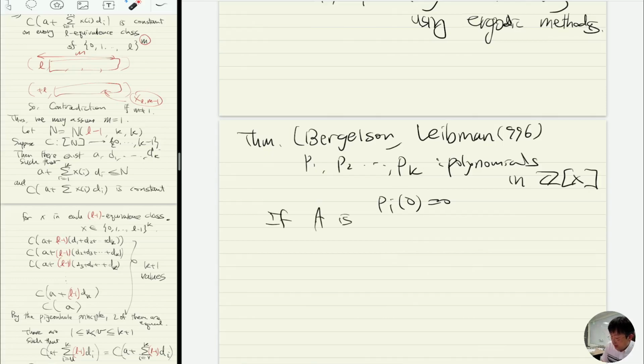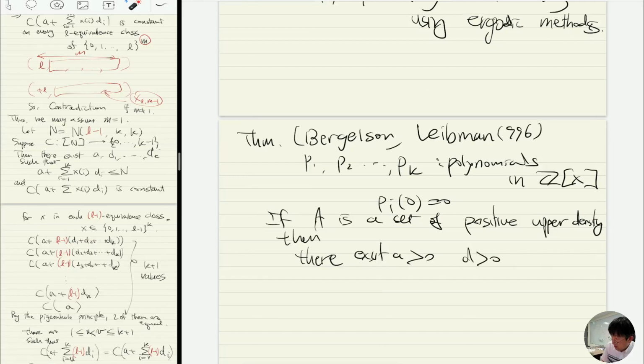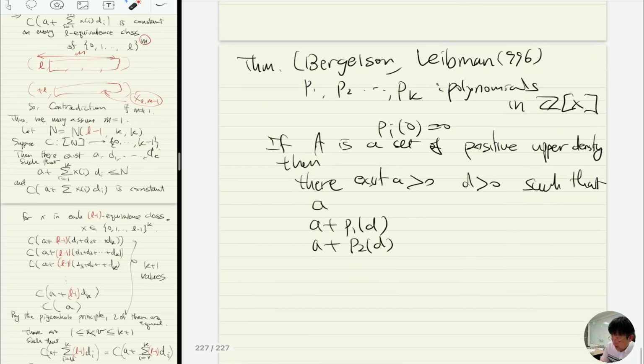If A is a set of positive upper density, then there exist a and d such that a plus P1(d), a plus P2(d), ..., a plus Pk(d), all of them are in A.